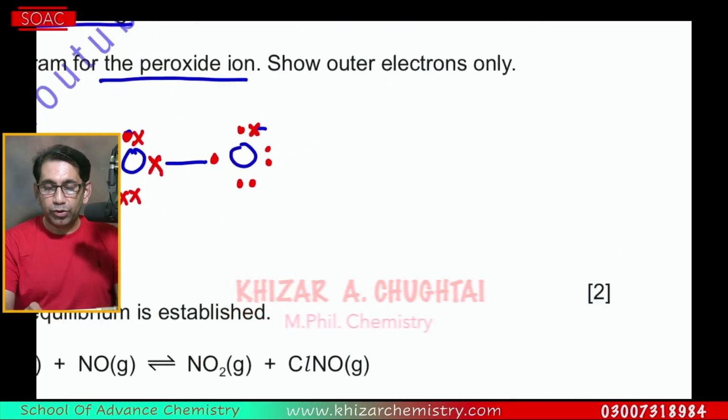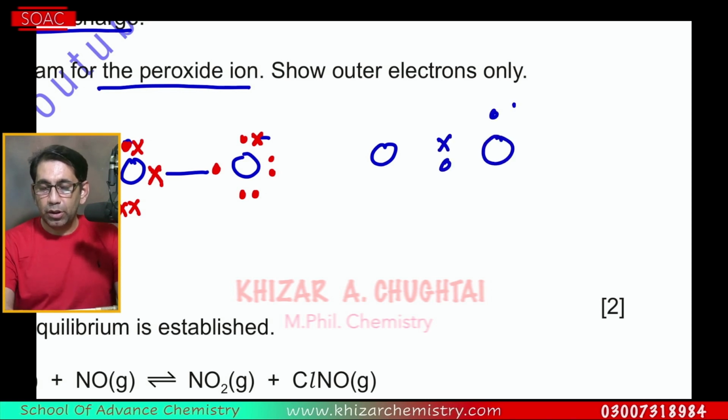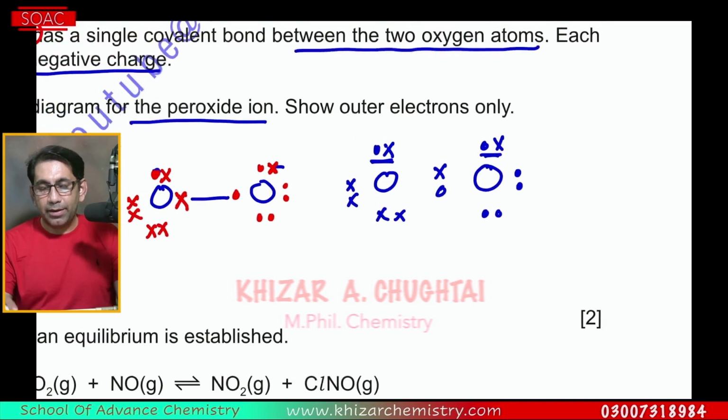Now I'm going to try it once again. Oxygen, cross and dot, the other oxygen, the right hand side oxygen, dot cross, one lone pair, second lone pair. Same is the case, dot cross, one lone pair and the second lone pair. These things indicate the negative charge.